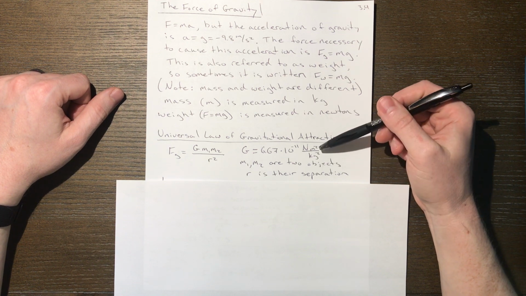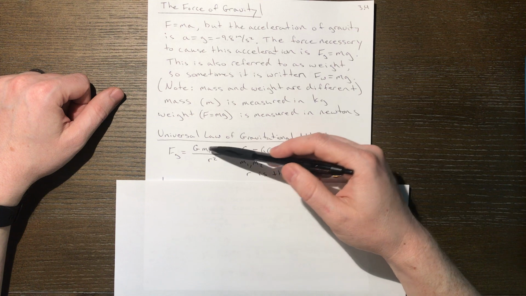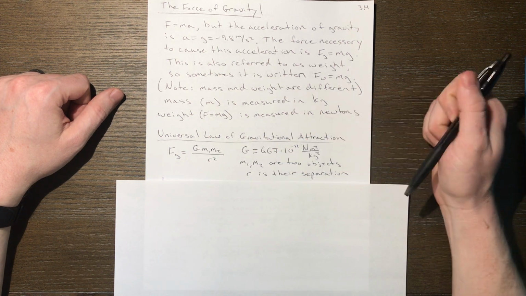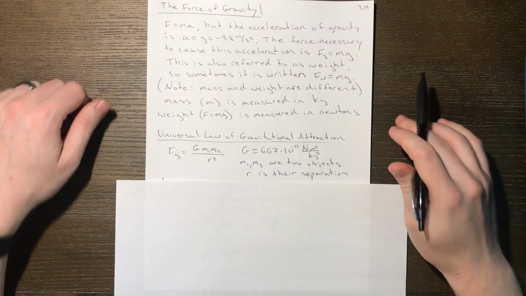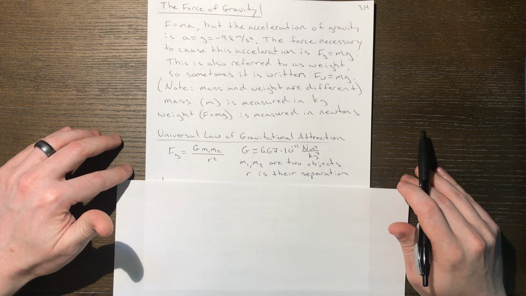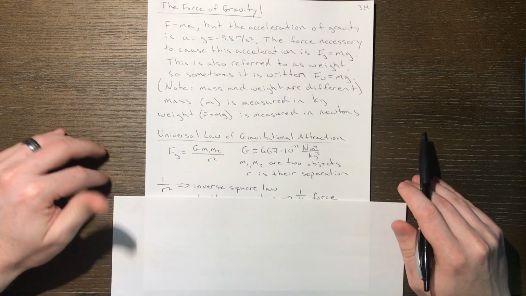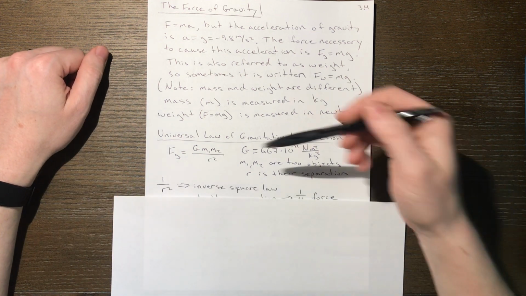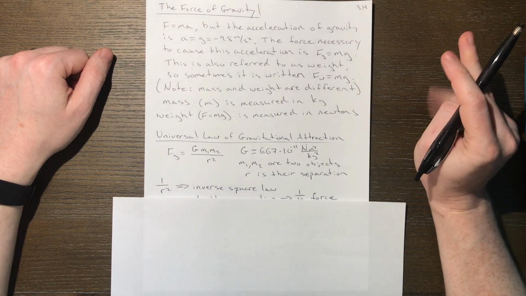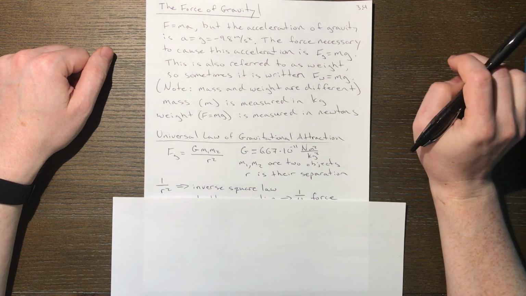Those are units that were picked specifically to cancel with these masses and that radius squared to leave you simply with newtons. All right, but what I really want you to pay attention to in this equation is the 1 over r squared bit. The fact that this is over r squared. That is a theme we will see recur later on in this semester.